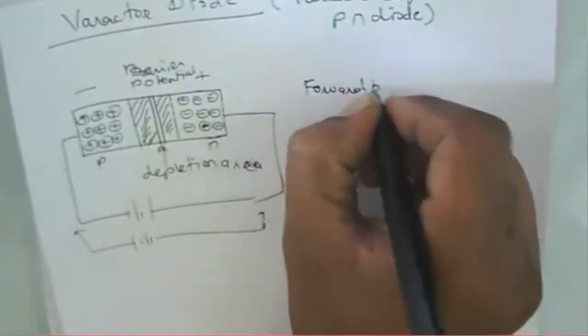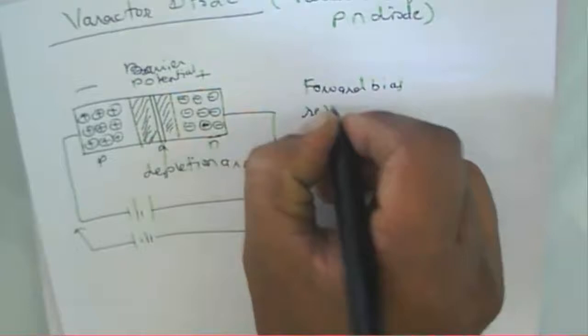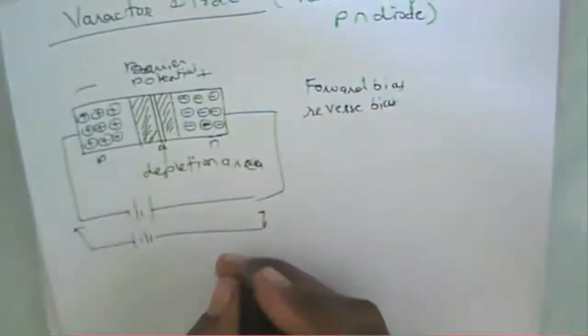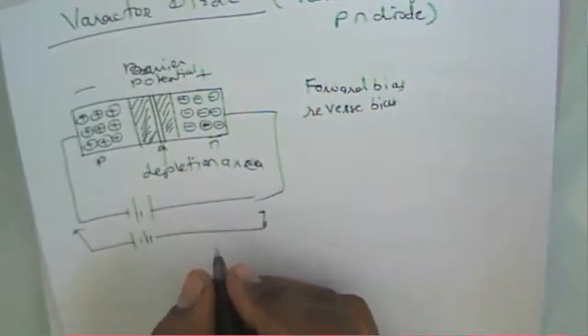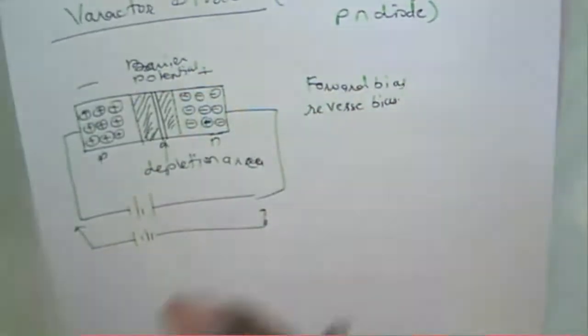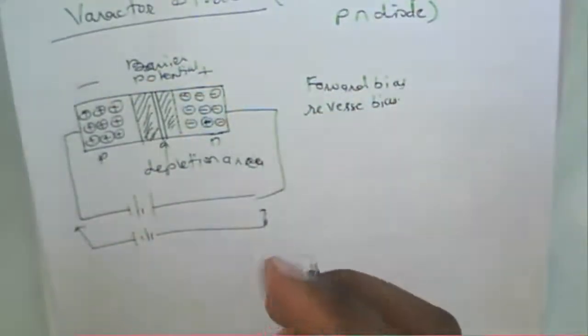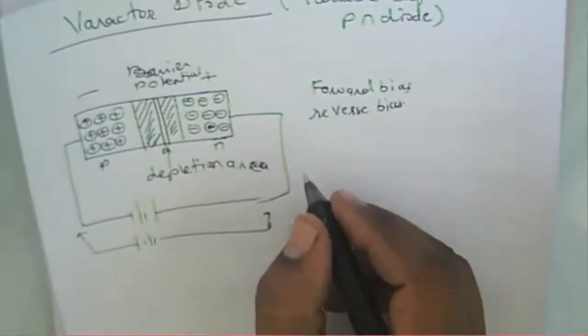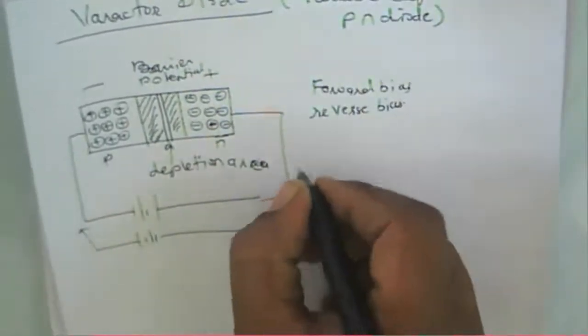Even if the diode works in forward bias or in reverse bias, it acts as a charge capacitor.